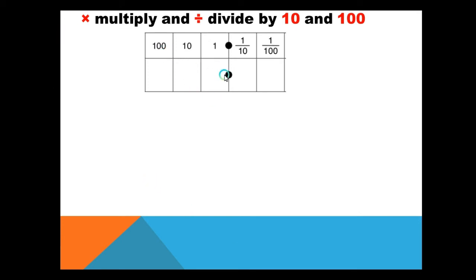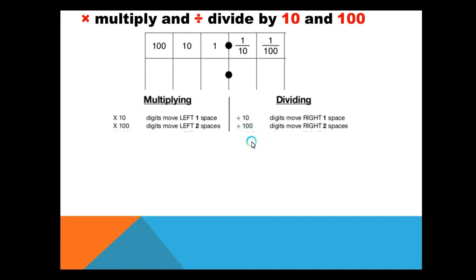This is the place value chart for decimal places: hundreds, tens, ones. Now multiplying and dividing: when multiplying by 10, you move the digits left 1 space; by 100, 2 spaces to the left.